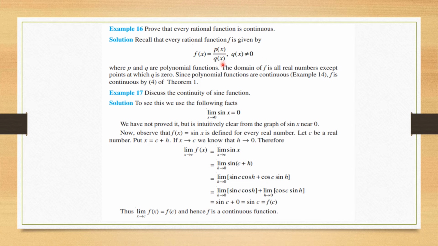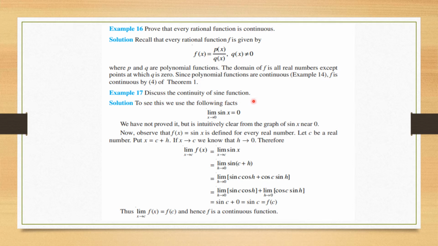Since p and q are both polynomials, and we know that polynomials are continuous in their domain, the domain of f is all real numbers except the points at which q turns out to be 0. Since polynomial functions are continuous, f is also continuous, keeping in view that the denominator should not be equal to 0. We have to ignore those points, otherwise it is continuous.